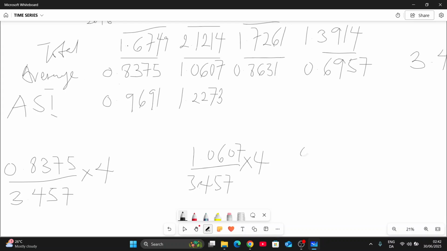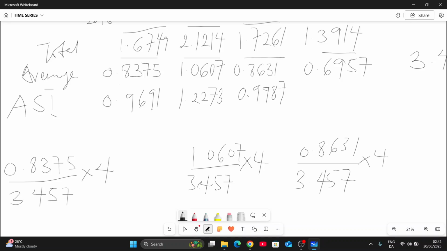The next one is 0.8631 divided by 3.457 times 4, which is 0.9987.